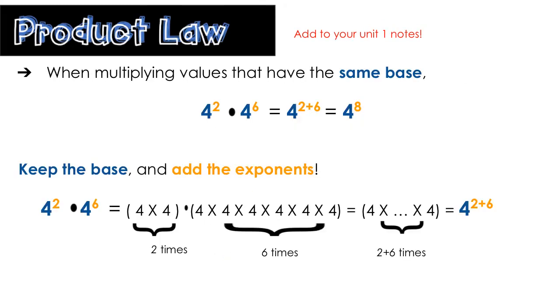So our general rule of thumb, when multiplying values that have the same base, in this case the base of 4, we are going to keep the base and add the exponents. Keep the base, add the exponents. Please write this down in your notes as well.